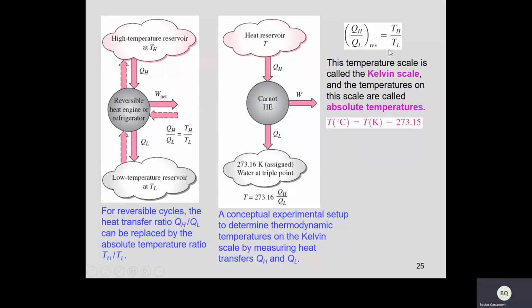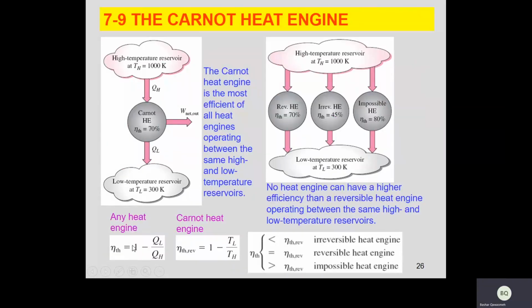Based on this fact, now the thermal efficiency of the Carnot heat engine, which for the actual or any heat engine is according to this relation, which we discussed before.